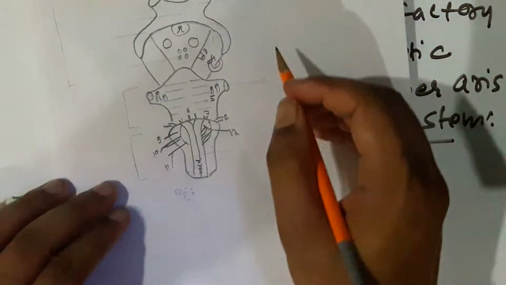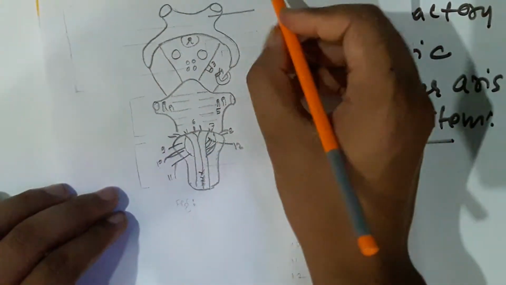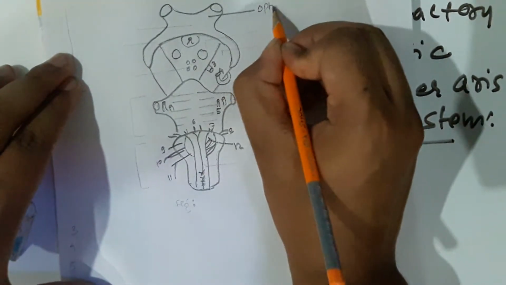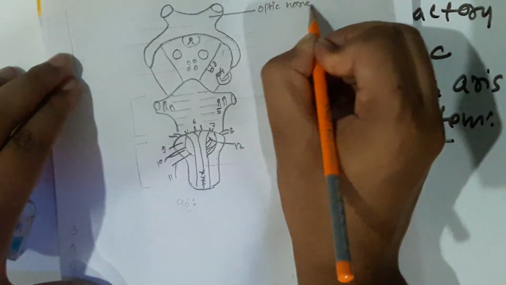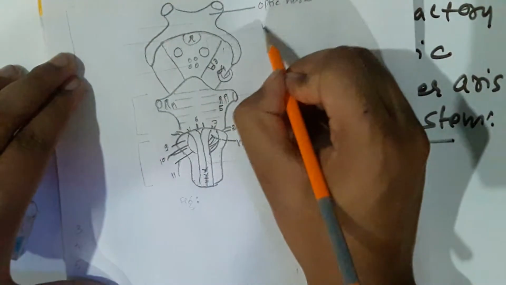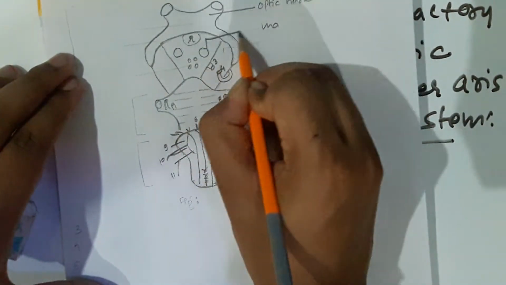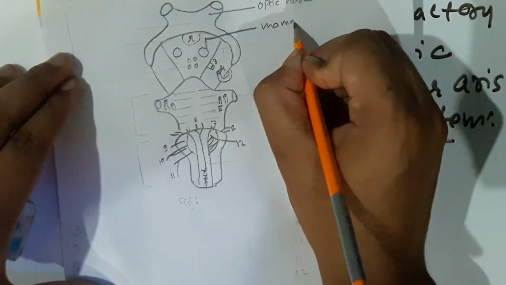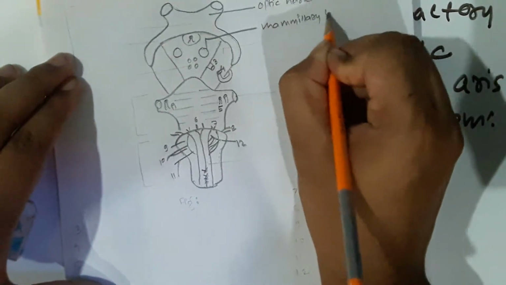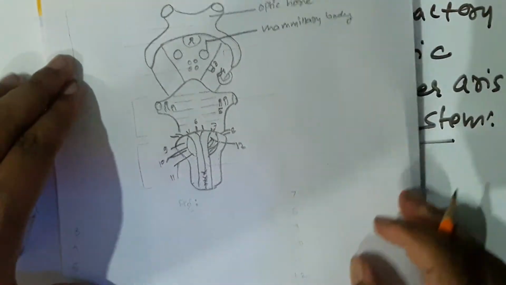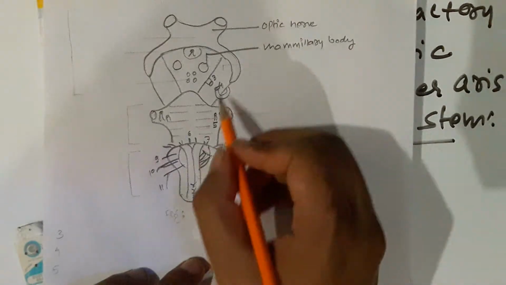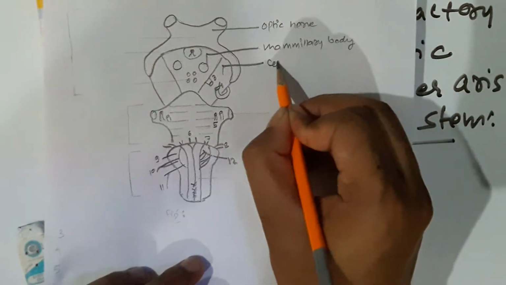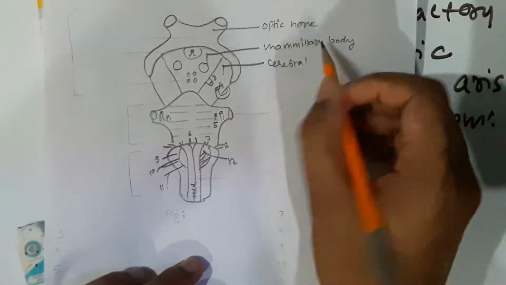So now let's label it. This is the optic nerve. This is the mammillary body. This here is the cerebral peduncle.